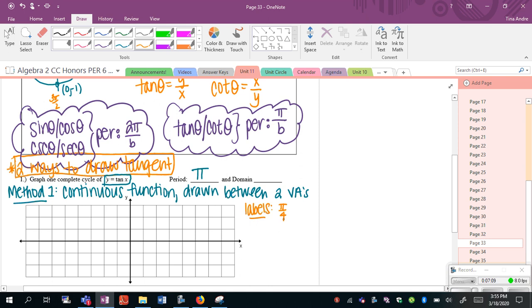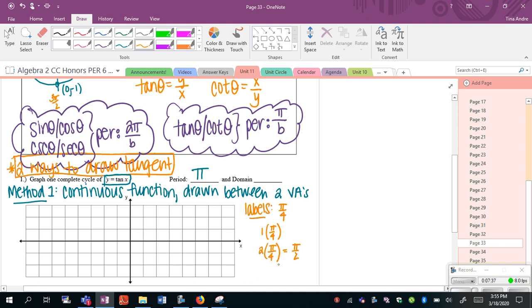So that means my first label is going to be pi over 4. And then my second label will be pi over 2. And then for this one, instead of graphing all positive values, in order for me to get this between the vertical asymptotes, I'm going to have to graph some negatives.